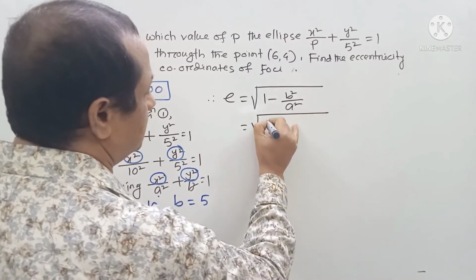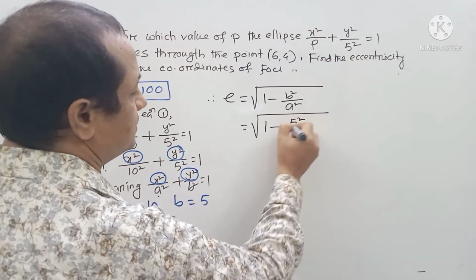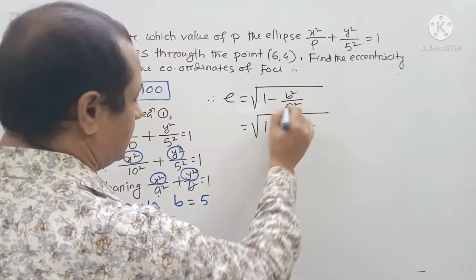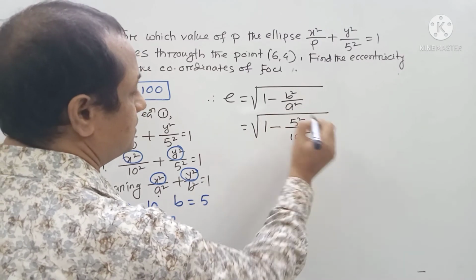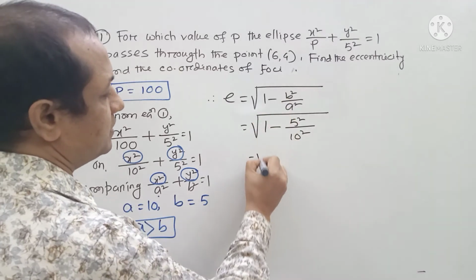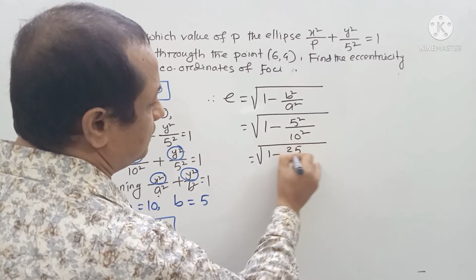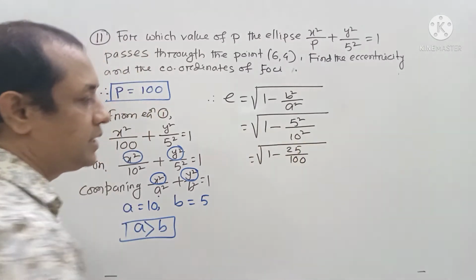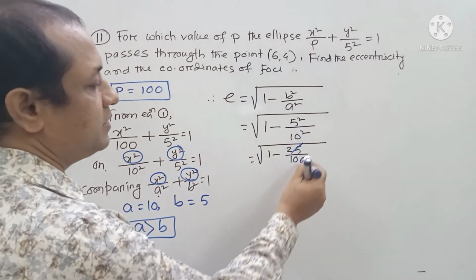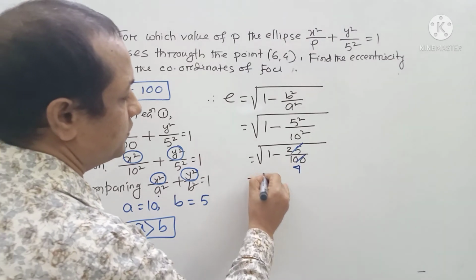So E equals root over 1 minus, putting the value of b is 5 square and a is 10 square. Now we get 1 minus 25 by 100, and here 25 and 100 cancel, then equals to 1 by 4.